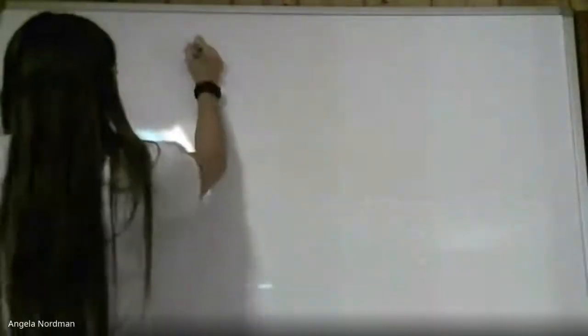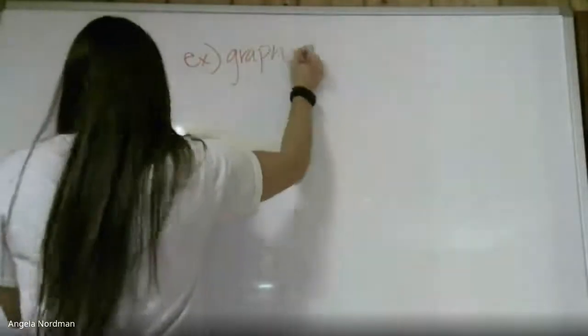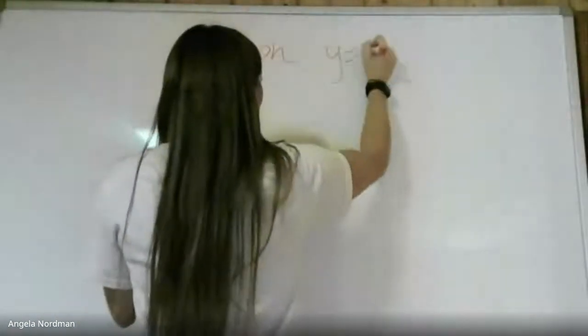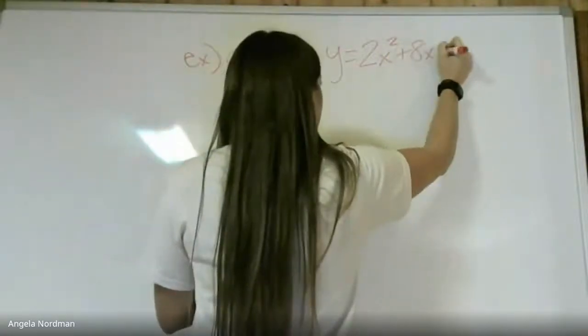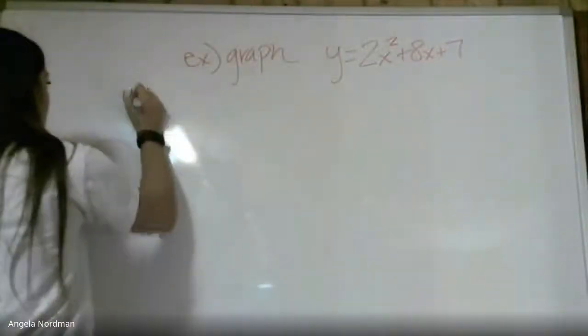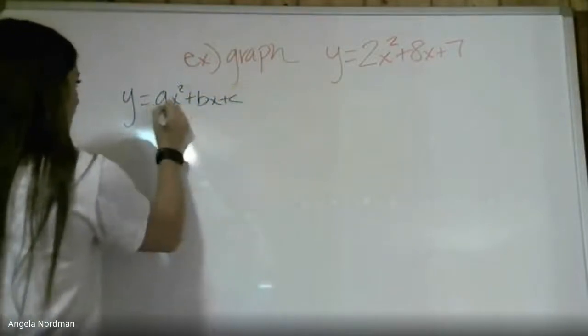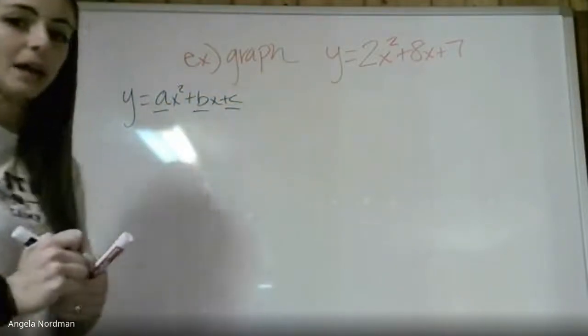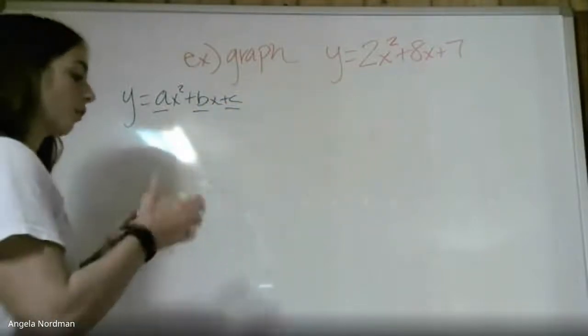So let's do the example. I want us to graph y equals 2x squared plus 8x plus 7. Okay, so first thing I do every single time is I pull out my a, b, and c values. If we come over to what the standard formula is, I can literally match up where my a, b, and c are in my current equation with what that formula is.